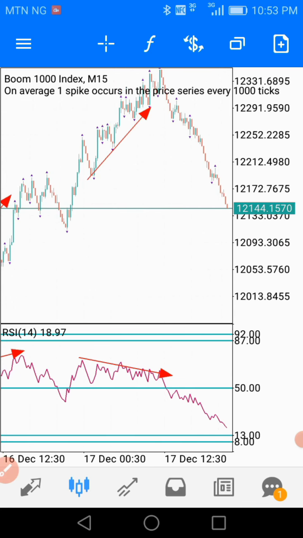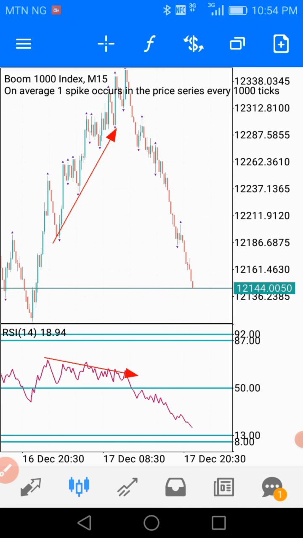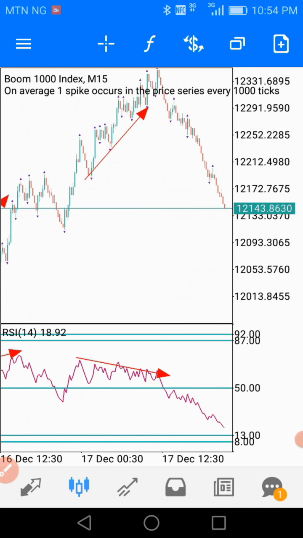Now let me quickly show you, because this is just an introductory video. If I had spotted this move earlier, I would have caught it, because there's a divergence playing out here.